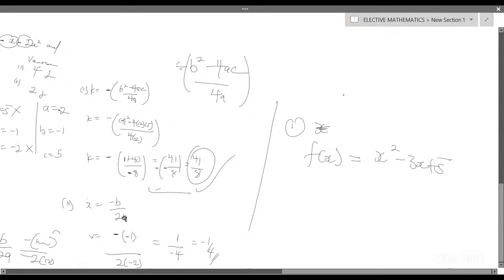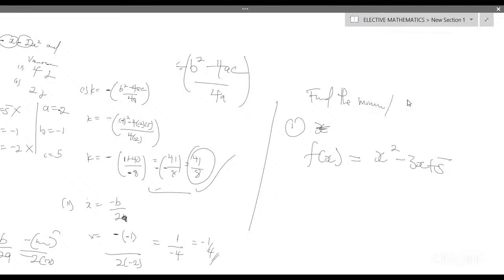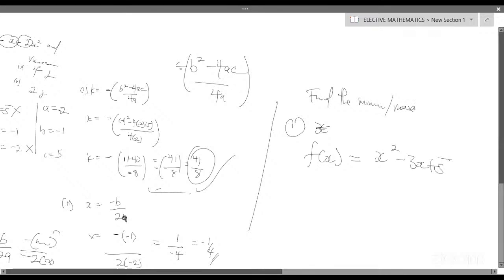So you have to find the minimum or maximum value and the value of x at which they occur.